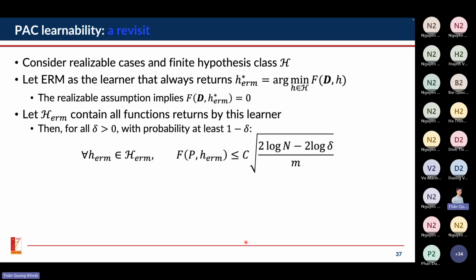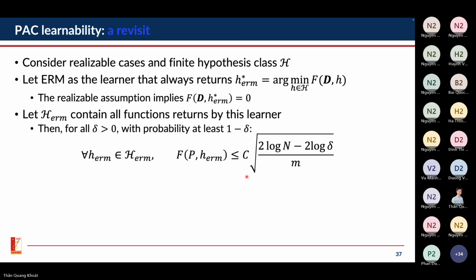So in the case of the realizable assumption, it means that the best member in the family should have zero error, right? So in that case, the empirical error is also zero. So applying the results before, we obtain this result.